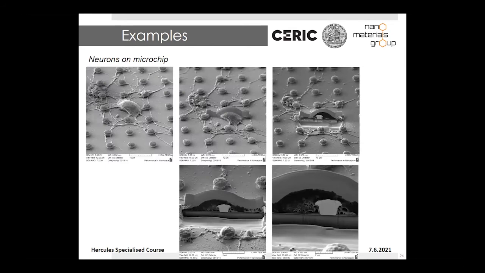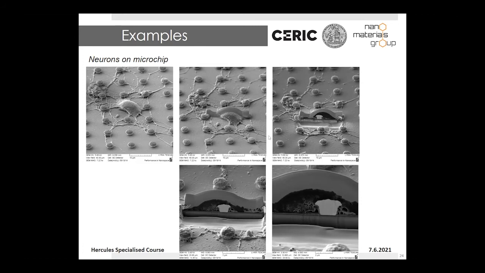So it's not just material science we are studying here. Sometimes we have life science. These are neurons on a microchip. The goal was that there would be a good contact between a chip and a neuron cell.